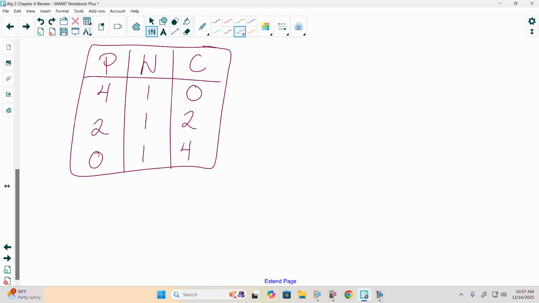I don't have 3 positives as a solution. I can either have 4, 2, or 0. So if I see that it crosses at least once on the positive x-axis, I know it has to cross again, because I have to have 4, 2, or 0. It starts giving me more ways to see what the answers are. It doesn't tell me what the actual positives or the actual negatives are. It tells me that they exist.